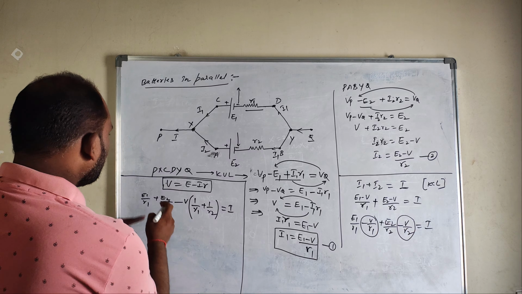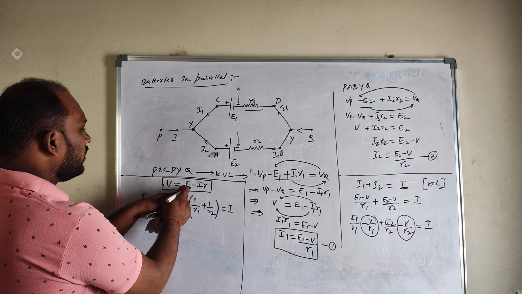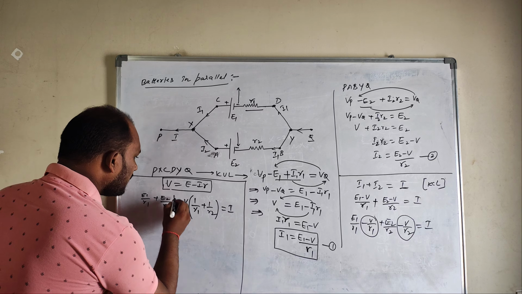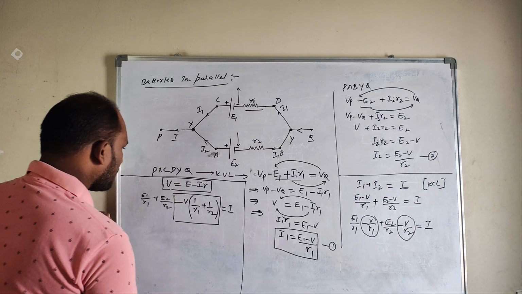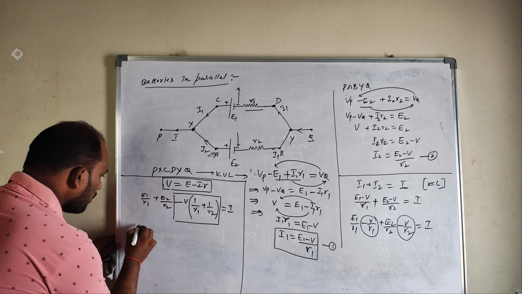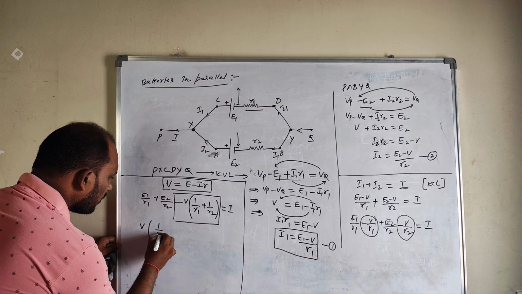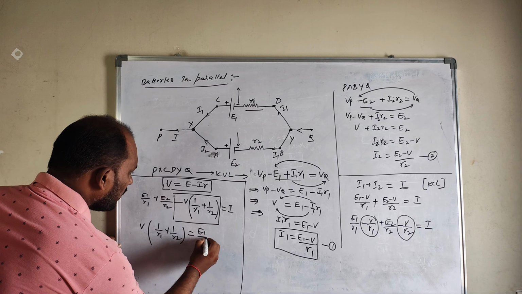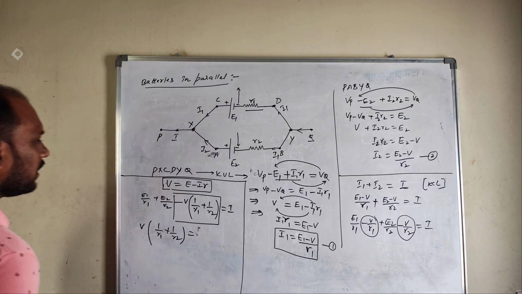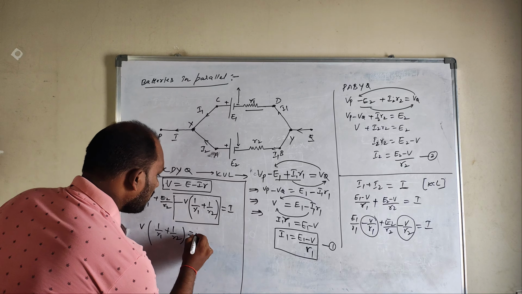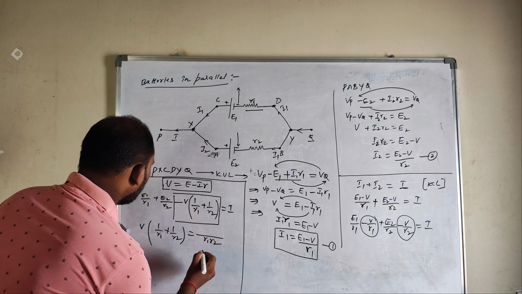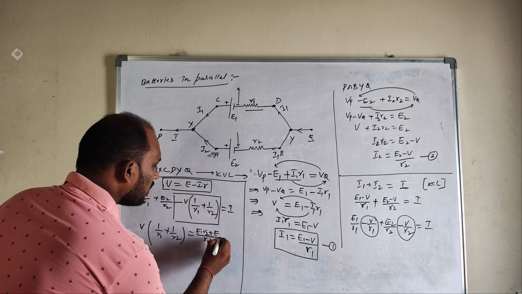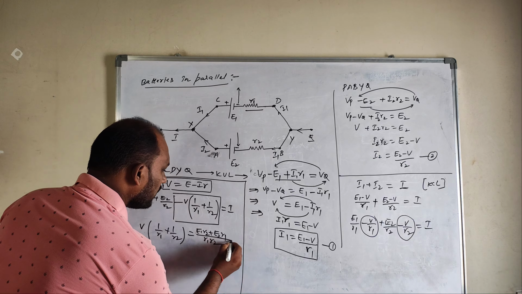So now what is the equation? First we have the subject as V, next V is equal to E minus Ir. So according to that, I have to change this entire part. For that, what do we get? V into (1 by R1 plus 1 by R2) is equal to V1 by R1 plus V2 by R2. Shall I take the LCM? So R1 R2 is the LCM. So what do I get?